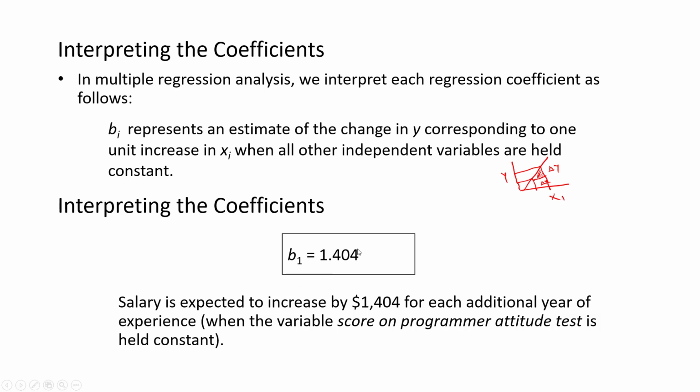We already calculated this slope, 1.404. When you multiply it by 100, it shows that salary is expected to increase by $1,404 for each additional year of experience when the variable score on the grammar aptitude test is held constant, because we consider the other independent variable to be held constant.